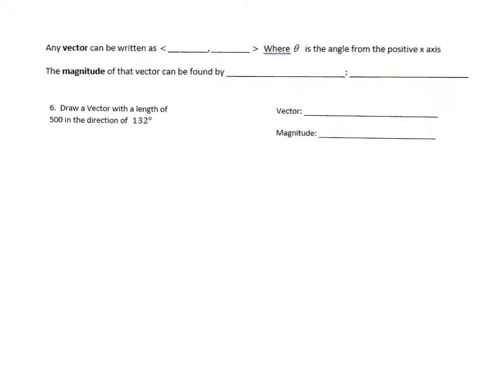So what we just found on the last screen is any vector can be written as your vector times cosine of your angle, comma, your vector times sine of your angle, where theta is the angle from your positive x-axis. Keep that in mind, it always has to be from the positive x-axis.